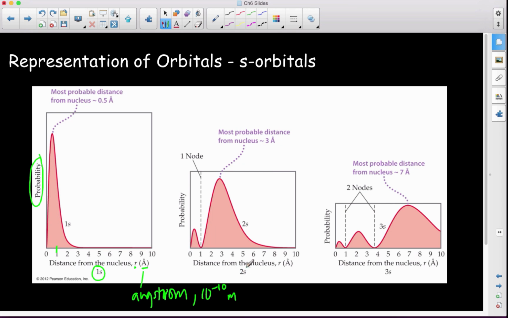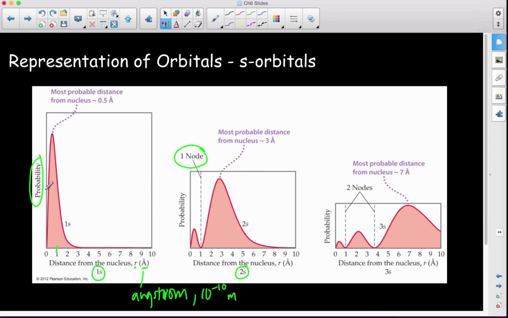If we move over here to a 2s electron, we'll see that again we can find it over here, and we can find it a little bit further away on average. But what do we notice here? A node, where a node is a place of 0 probability. What do we notice about my node relative to over here? We notice that my node happens to occur where my 1s orbital has the highest probability.